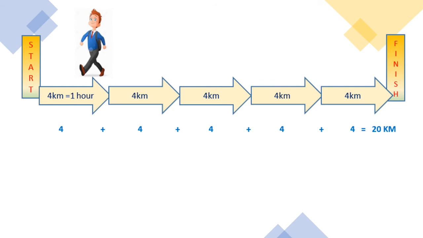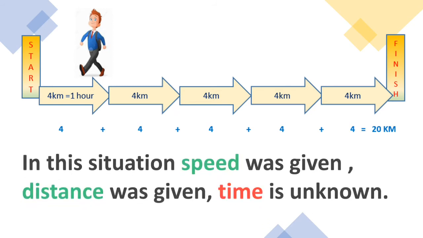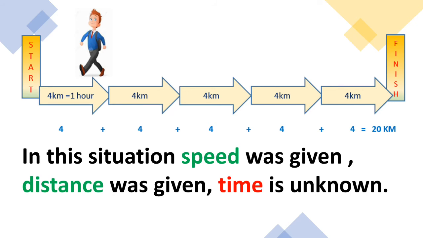As you can see on the picture, 4 kilometers is equal to 1 hour, and the distance is 20 kilometers. So in this situation, speed was given, distance was also given, and time is unknown. So we are looking for the time.